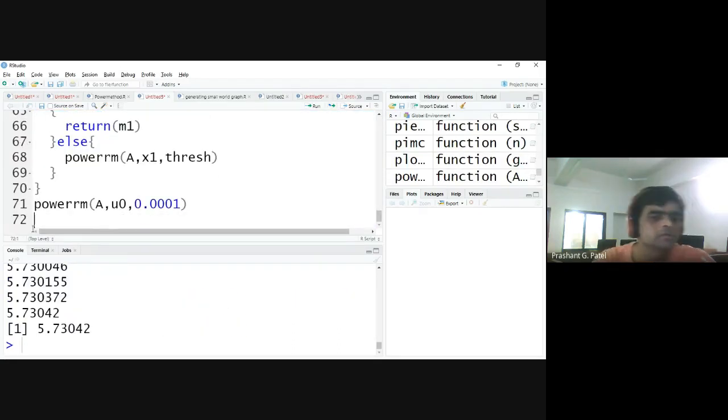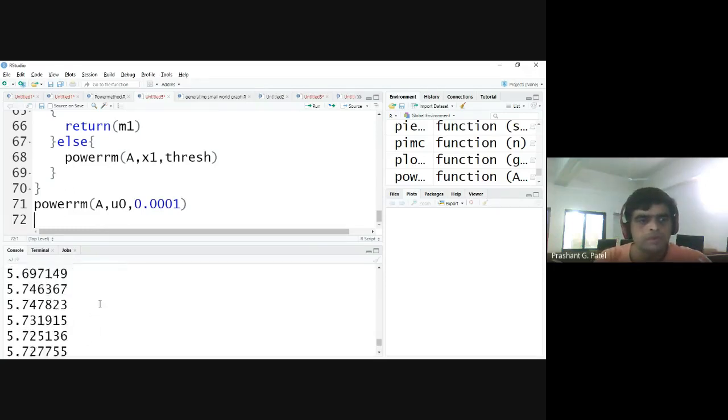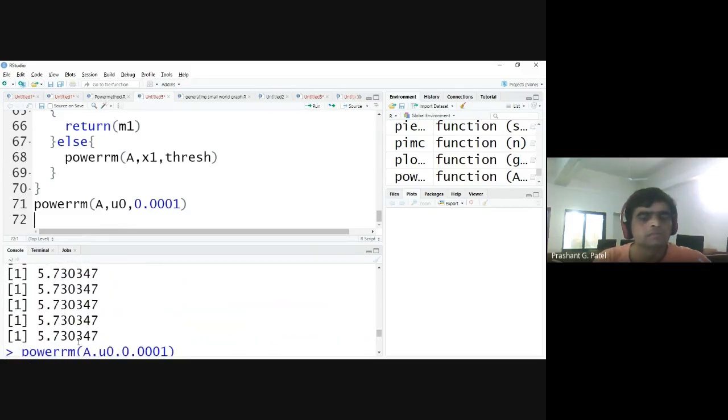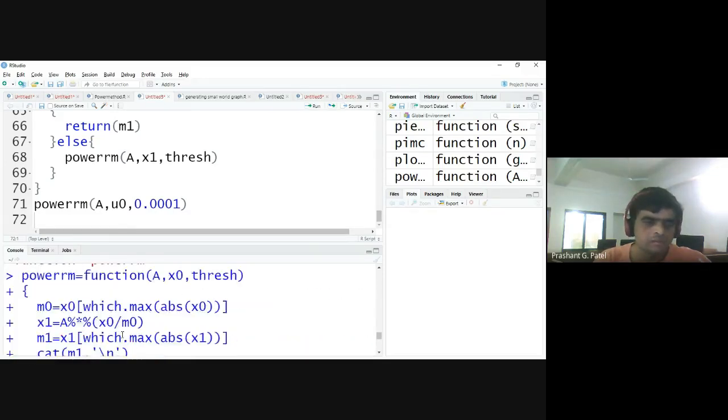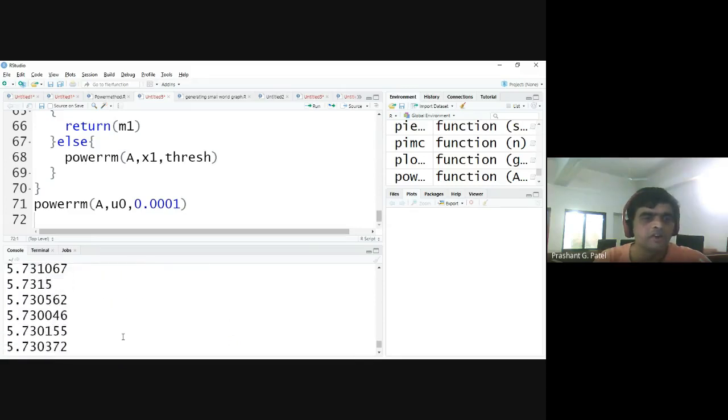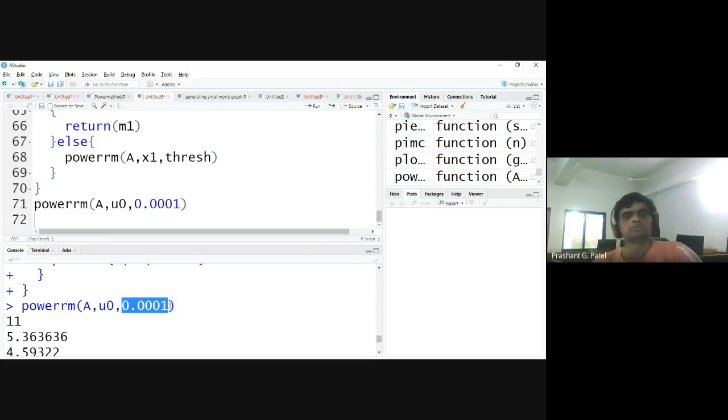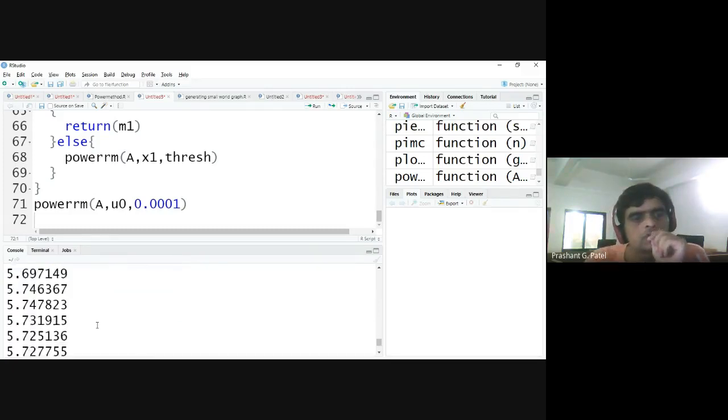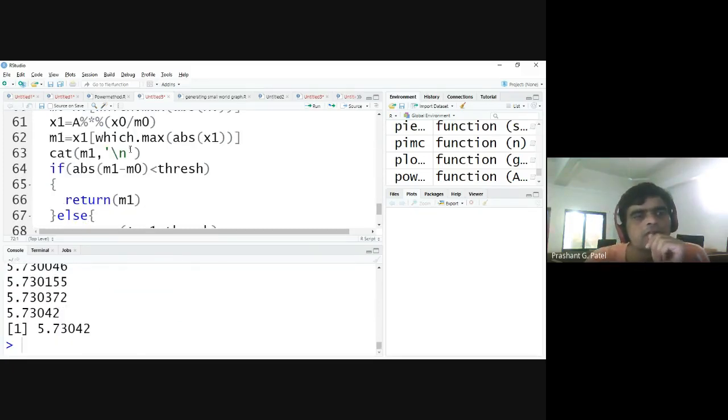So 5.7302. Previously it was 5.7347. But here we have put in this iteration threshold, that means go up to this much error. So it has shown this value. This is without using a for loop.